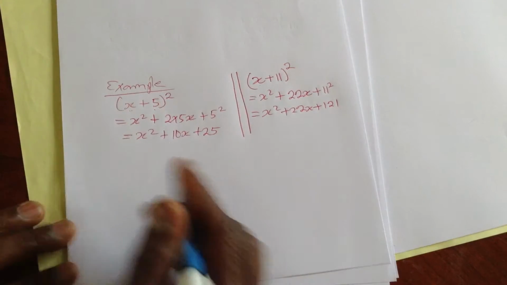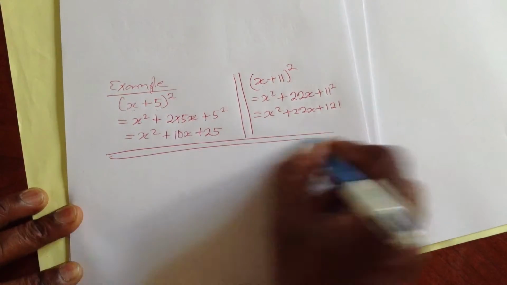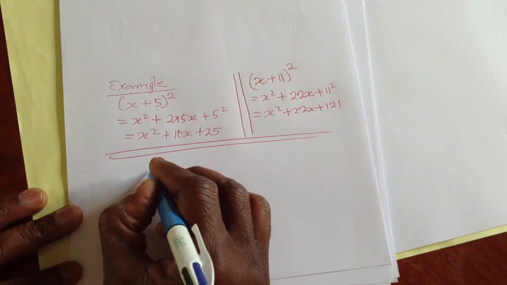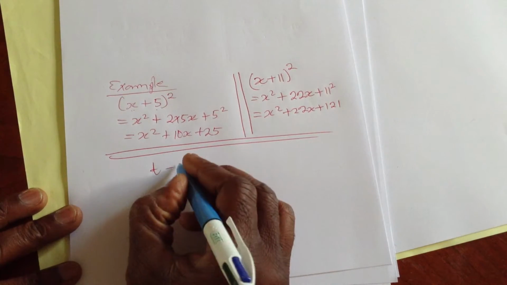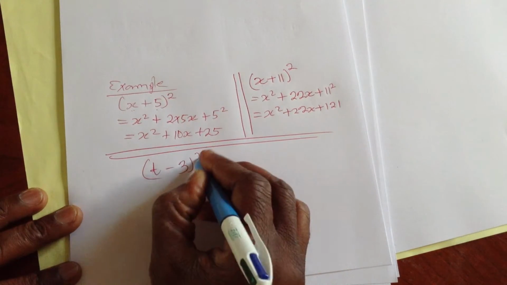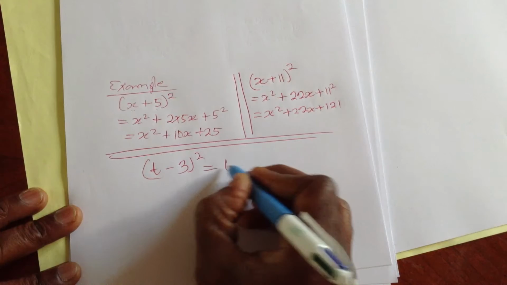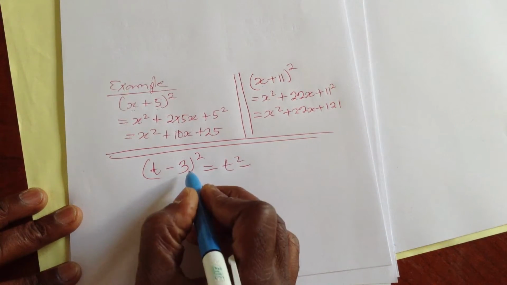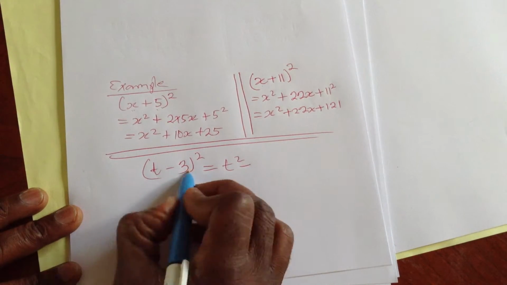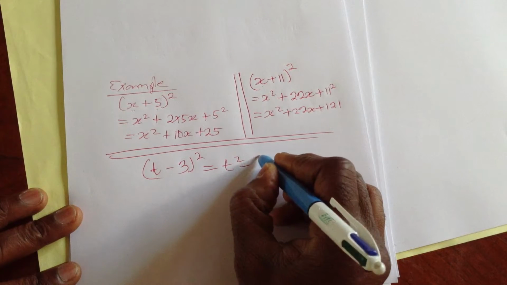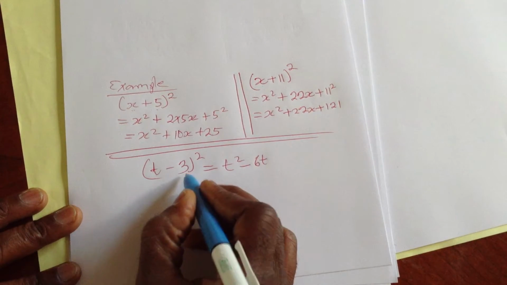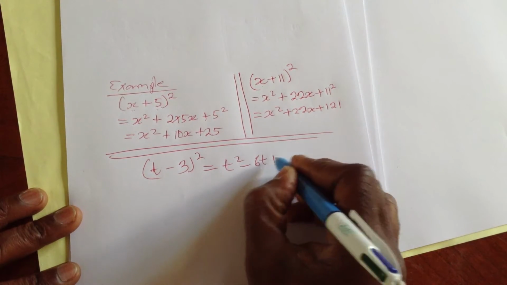It works for minus as well. Let's say t minus 3 squared will become t squared minus twice the product, so twice t times 3 will give me minus 6t, and then square minus 3 will give me 9.